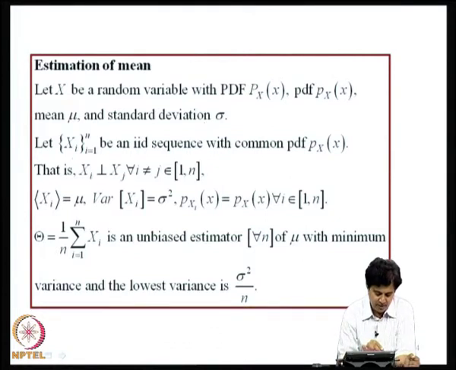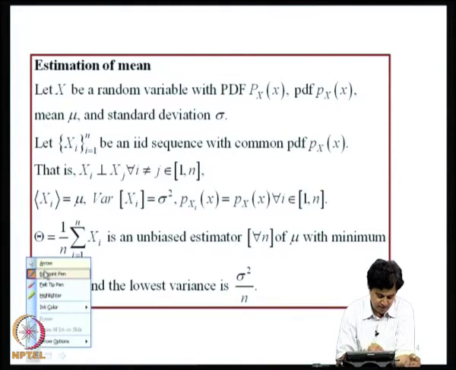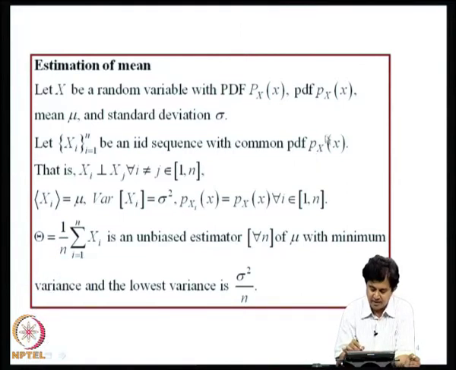We form a sequence of IID, that is identically and independently distributed, random variables with the common probability distribution function which is p x of x, which agrees with the probability density function of the random variable that I am talking about. That is, xi is independent of xj for all i not equal to j from 1 to n, and each one of these xi's has mean mu, variance sigma square and probability density function p x of x.